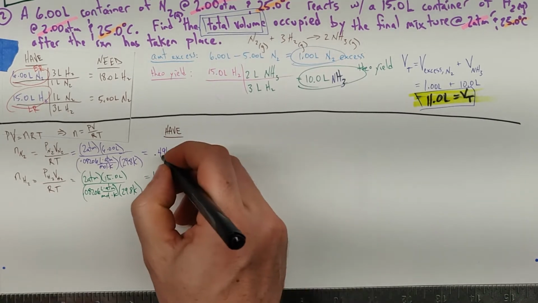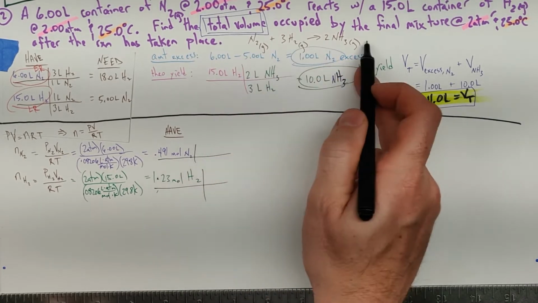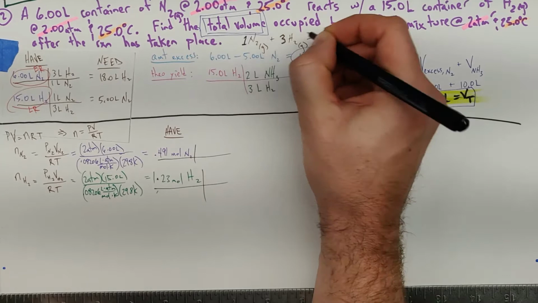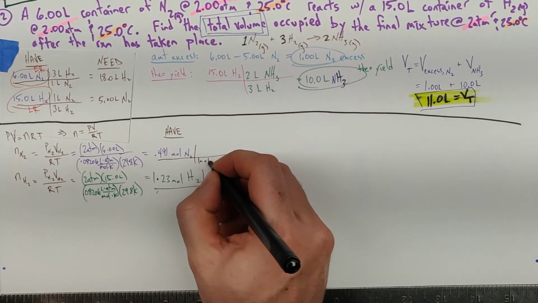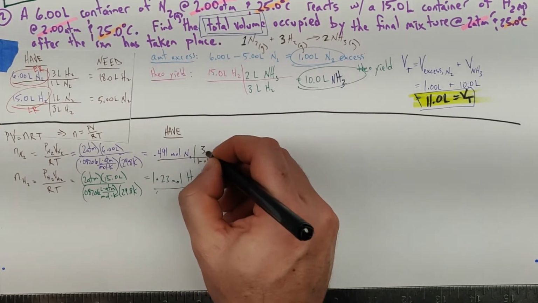Now we have moles. We'll set up a mole ratio based on the balanced chemical equation, which I snuck in right there, but our ratios are a 1, a 3, and a 2. We know then for every 1 mole of nitrogen, there's 3 moles of hydrogen.